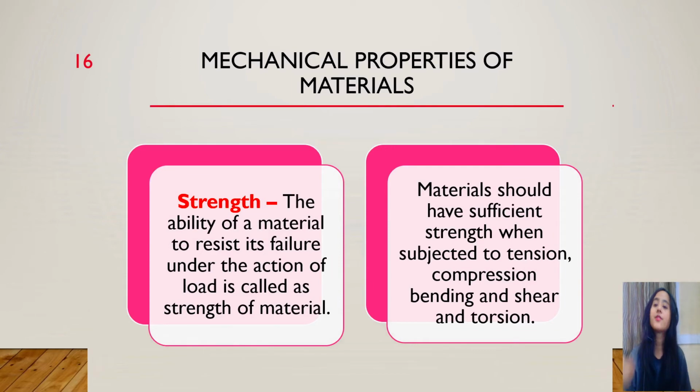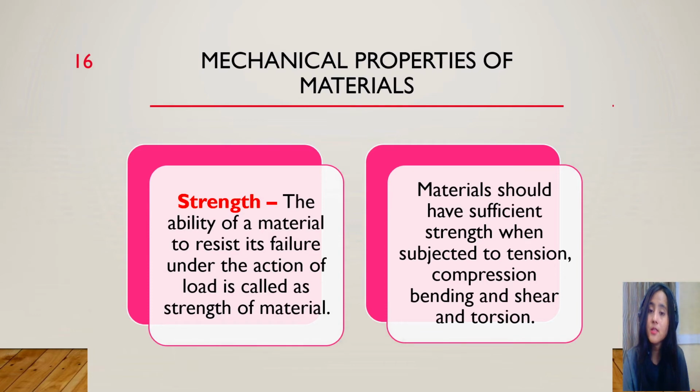Next, we have strength. What does strength mean? The ability of a material to resist its failure under the action of load is called the strength of the material. When we apply any kind of force on top of the material, and if it is able to resist those loads and resist its failure, that means the strength of the material is more.